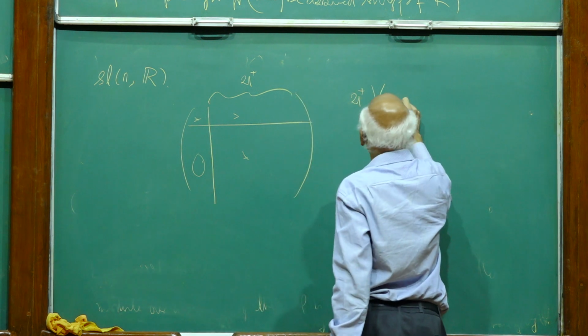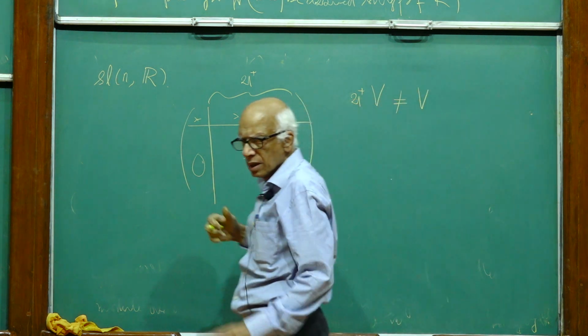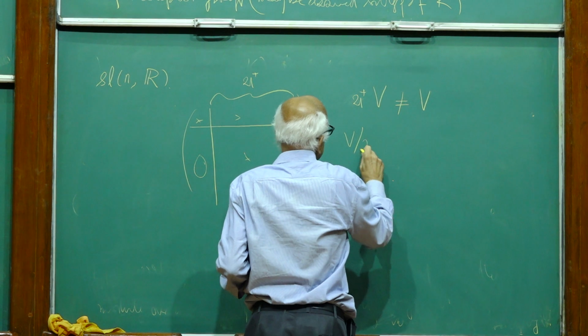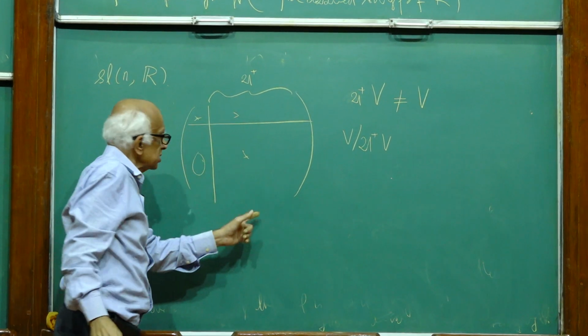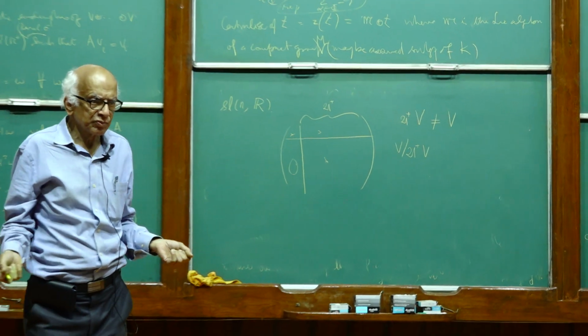Suppose you are able to prove this. Once you prove this, you can pass to the quotient V by U plus V, and then it becomes a module over SLn minus 1, which is rank 1 less.